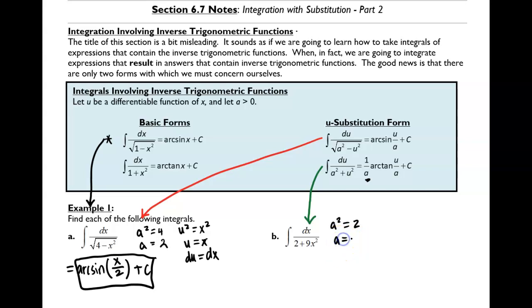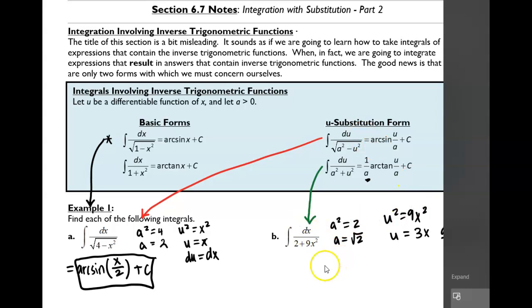That means our a is square root of 2. Our u squared is 9x squared. And so that means u is 3x. So making sure you're taking the square root of the 9 and the x there to get u equals 3x. So my derivative is 3 dx. Now what you'll notice is I just have a plain old dx here. I don't have the 3 dx, so I will have to do that dividing by 3.